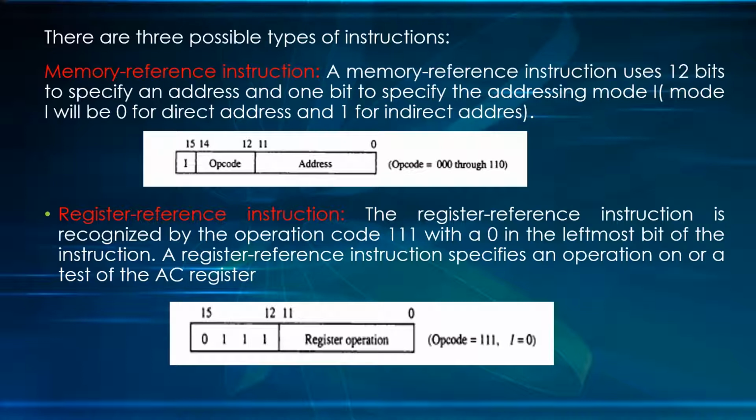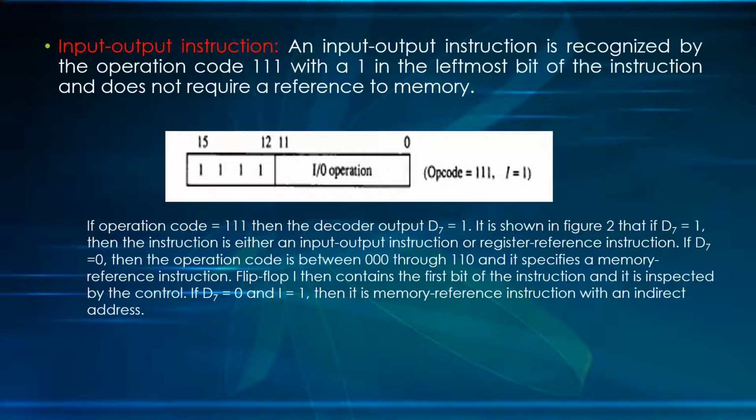A register reference instruction specifies an operation on or a test of the AC register. 3. Input-output instruction. An input-output instruction is recognized by the operation code 111 with a 1 in the leftmost bit of the instruction and does not require a reference to memory.